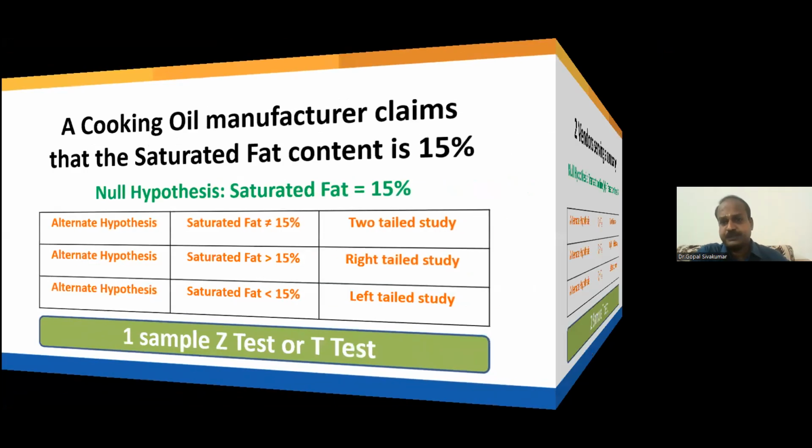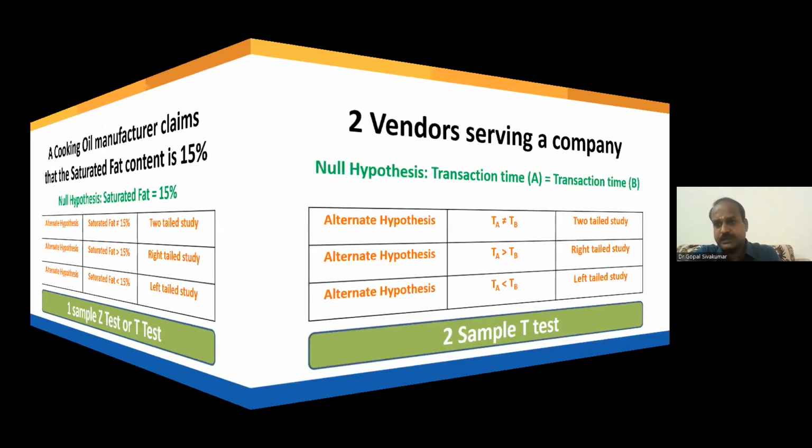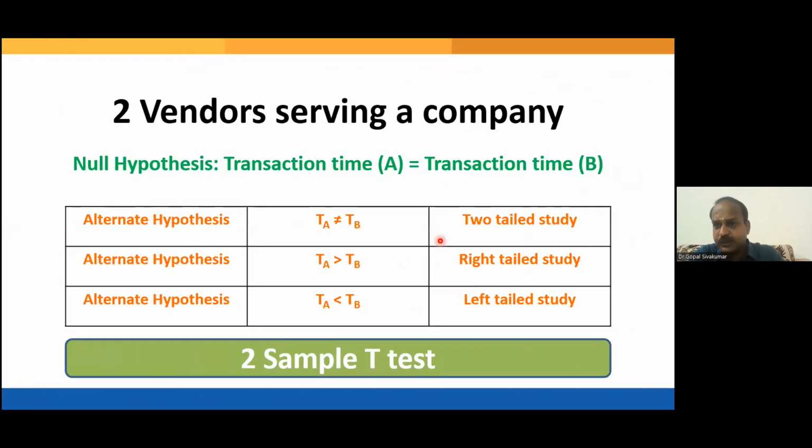Now, there are two vendors who are providing some service to your company. And now you want to cancel the contract with one of the vendors. Then whoever is really doing well, you will continue working with them. And whoever is not doing up to the mark, you will cancel the contract.